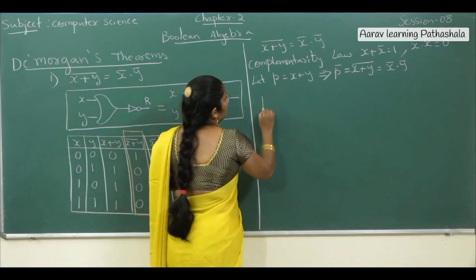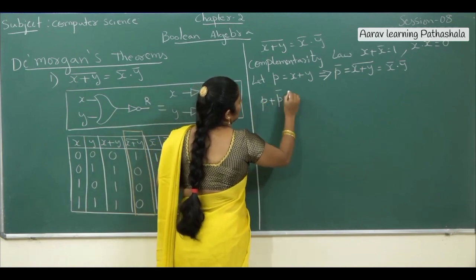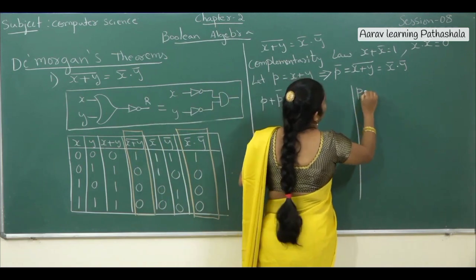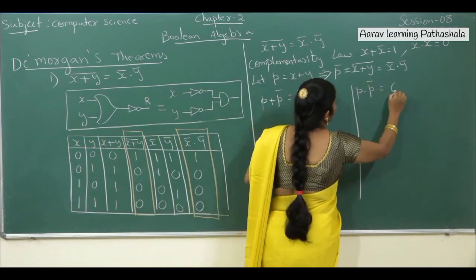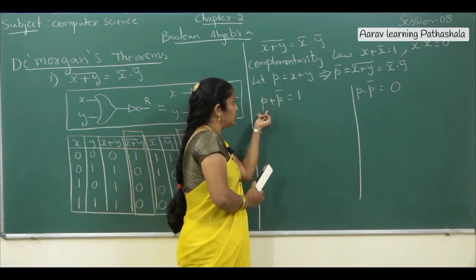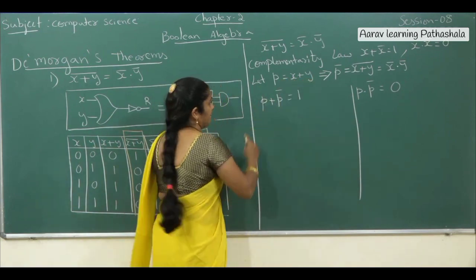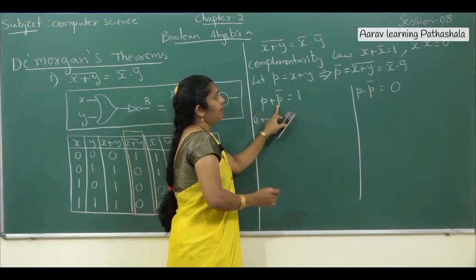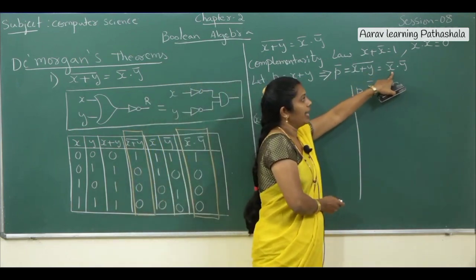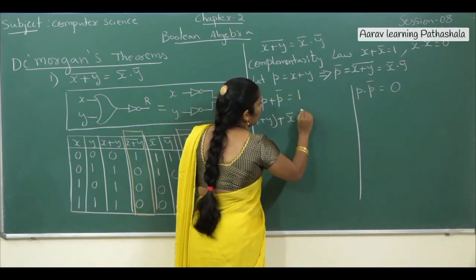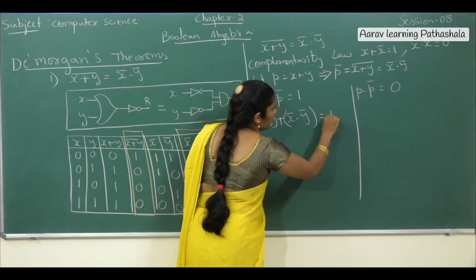Therefore, now we have to prove P plus P bar equals 1, and another time we have to prove P into P bar equals 0. Now, in the place of P, substitute x plus y. Plus, for P bar we have the output x bar into y bar, equals 1.